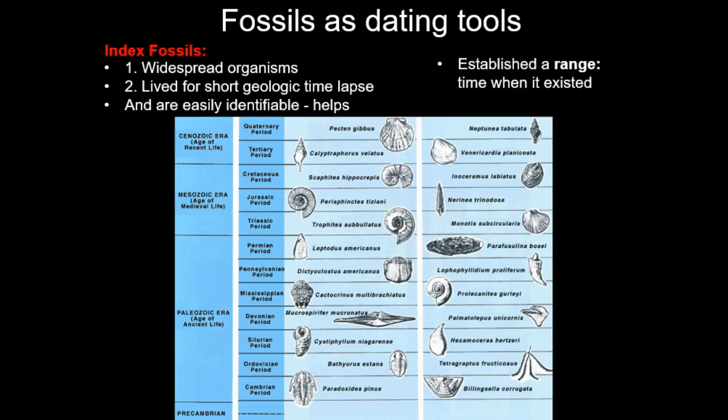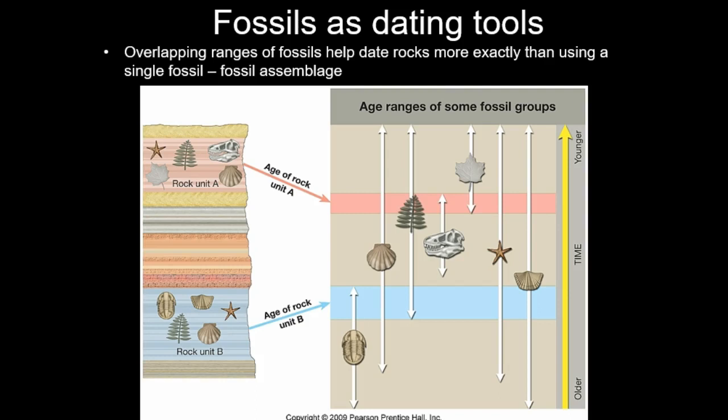These index fossils aren't always present in the different rock formations, or perhaps some formations have more than one index fossil, for example. So in those cases, a fossil assemblage is very useful to establish the age of that specific bed. The figure here on the slide shows how this fossil assemblage can be done based on the span during which these organisms lived.